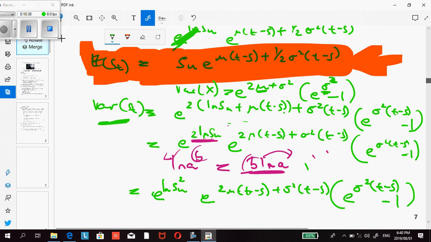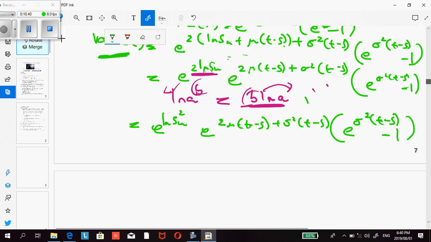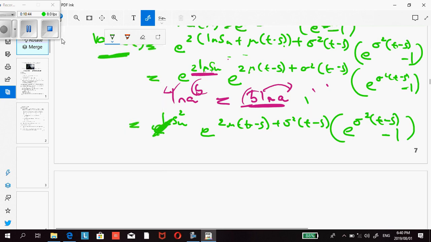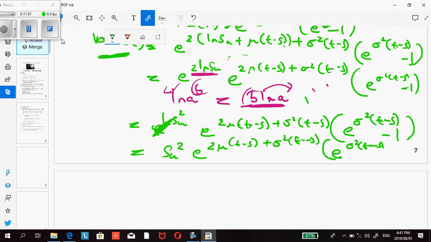Now, what am I going to have here? You can see, using your rules, this will cancel, this will come down to S_u squared e to the power of 2 mu into (t minus s) plus sigma squared into (t minus s), all that multiplied by e to the power of sigma squared (t minus s) minus 1.